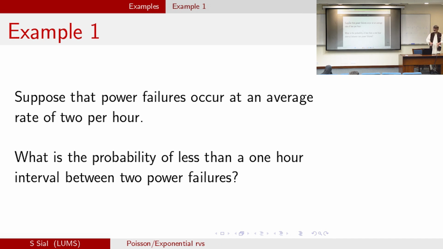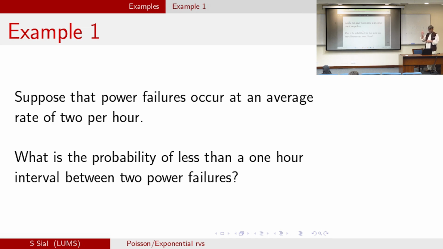I expect 2 power failures in an hour. What is the expected time between power failures? Half an hour, right? Okay, what is the probability of less than 1 hour interval between power failures?